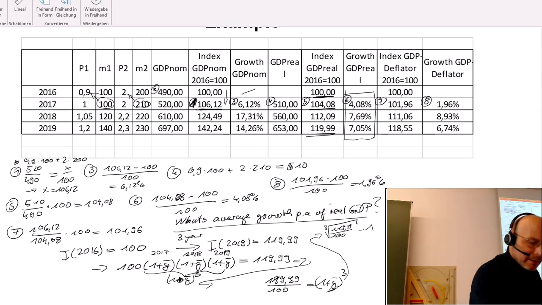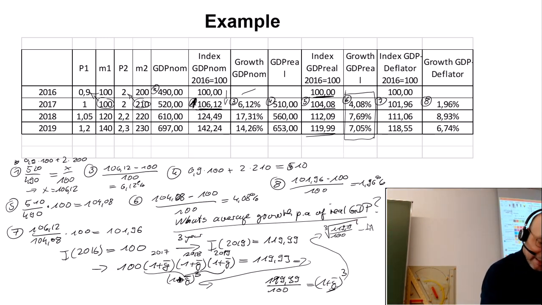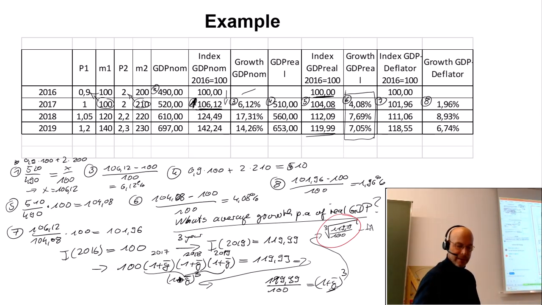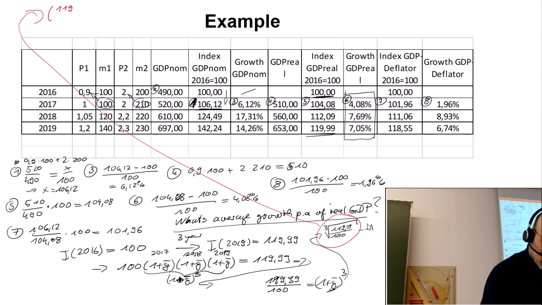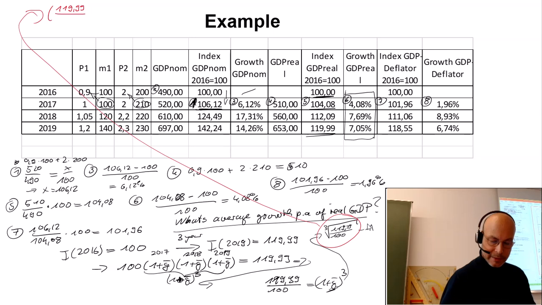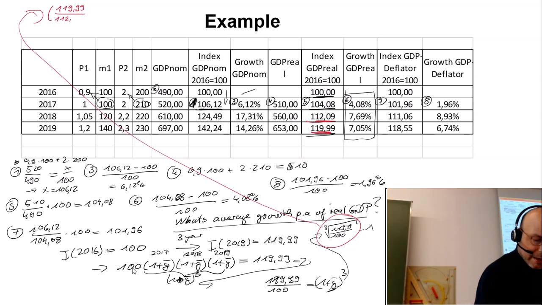So, and if we look, let me just give 1 or 2 minutes. What is this here? This we can write in another way, and then you see what is the averaging process. This we can also write as 119.99 over, and now I take the index of 2018, 112.09 times 112.09 over, and now I take the index of 2017, 104.08 times 104.08 over 100 to the power of 1/3.